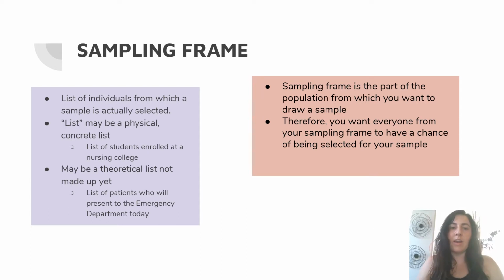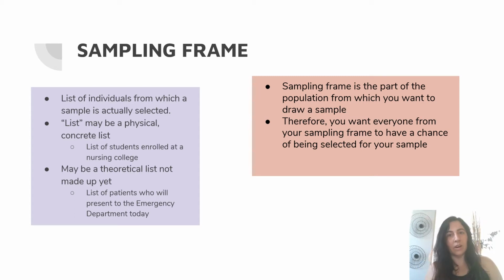The list of individuals can be a physical, concrete list that you came up with. For example, it could be an actual list of students enrolled at a nursing college, if that's who you wanted to survey.